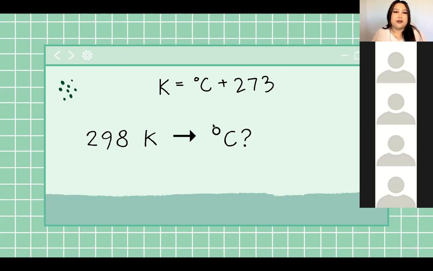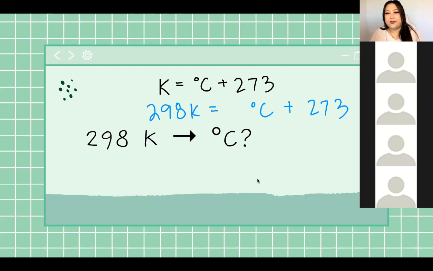And when we plug in 298, what would that give us? 25. Yeah, perfect, 25.